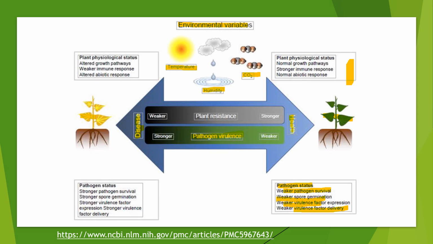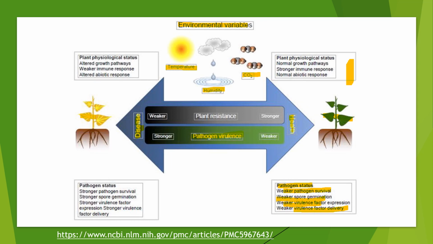It is surviving more, it is developing more spores, it has a strong virulence factor, and expression of the virulence factor is also very strong. In fact, the inoculum dispersal is more and infection is really strong. As a result, the plant has a disease. And obviously, the environment has a lot of role to play here. The environment is supportive to the pathogen and not the plant.